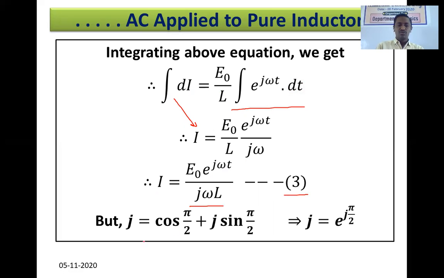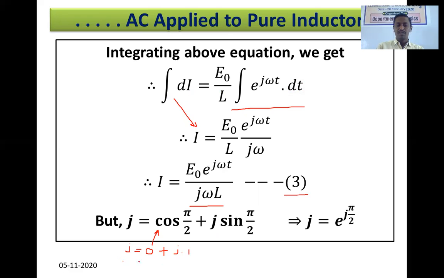Now we can write j as j equals 0 plus 1, or 0 plus j. In place of the 0, we put cos pi by 2, because cos pi by 2 equals 0, plus j as it is and j into 1.